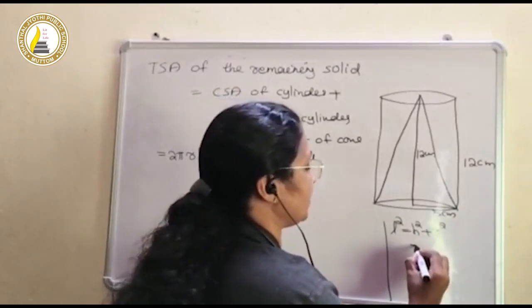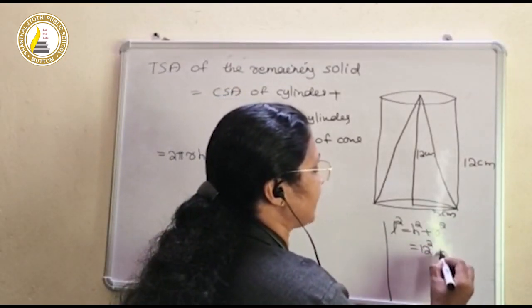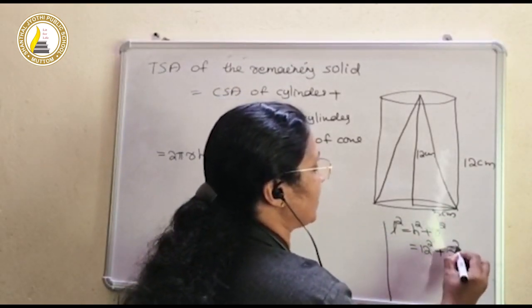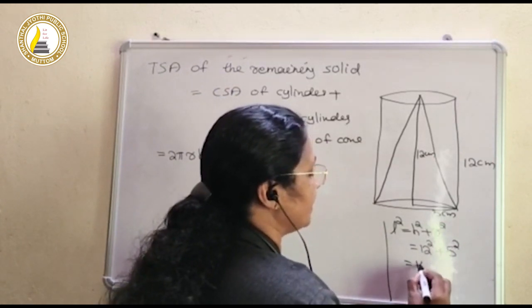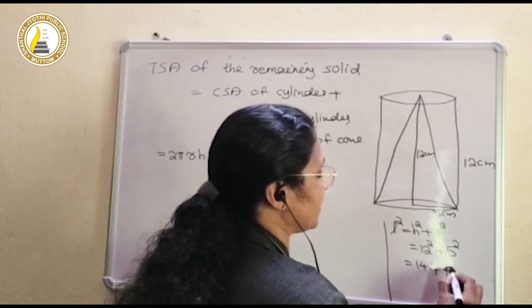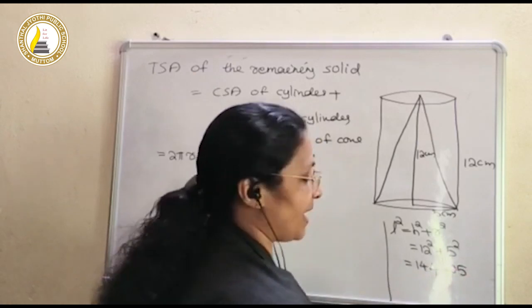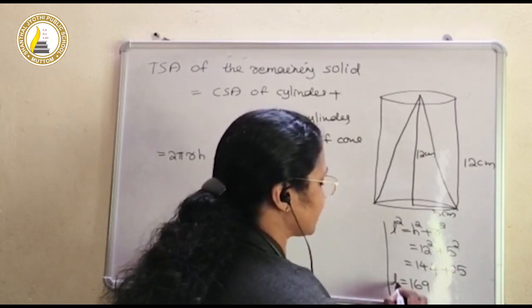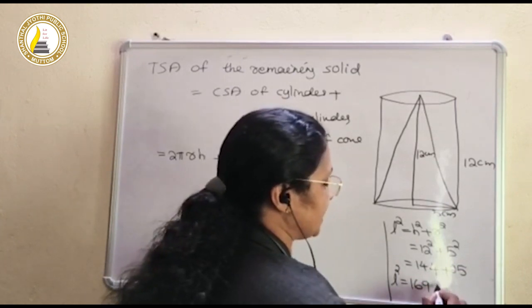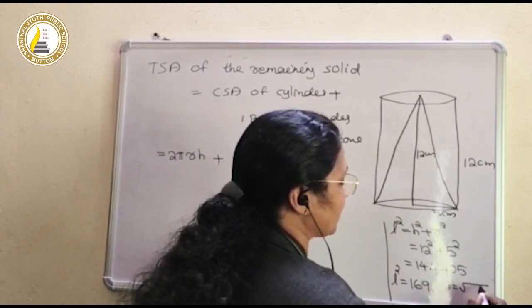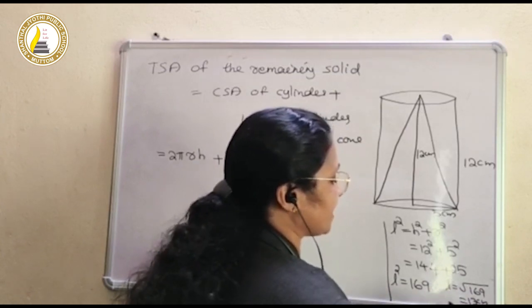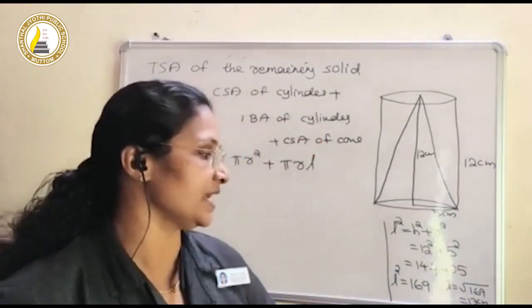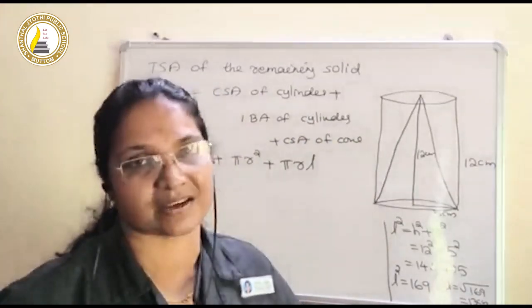Height h equal to 12, radius r 5. What is 12 square? 144. 5 square is 25. Adding, we get 169. Therefore, L square equal to 169. So, L equal to root of 169, which is equal to 13 centimeter. Therefore, slant height of the cone is 13 centimeter.